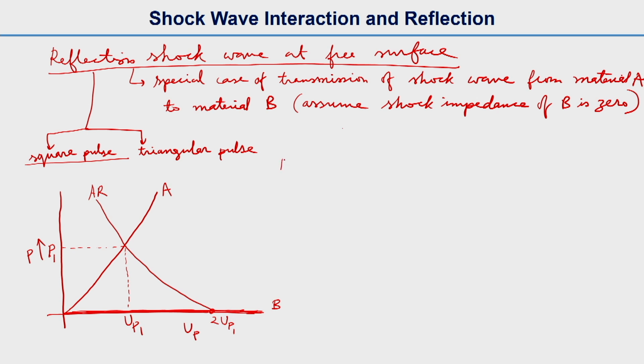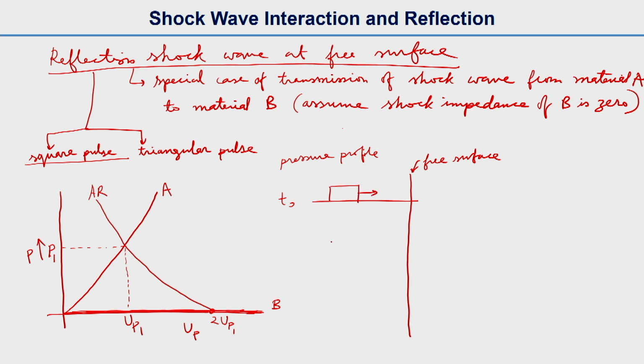If you draw the pressure profile, you have the free surface. I will write a vertical line, this one is the free surface. At time t naught, this pressure pulse will travel towards the free surface. At time t1, the pressure pulse will hit the free surface, and you know that we have a release wave following the primary wave.